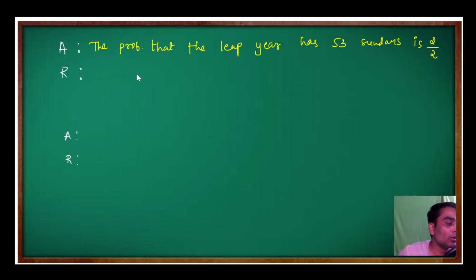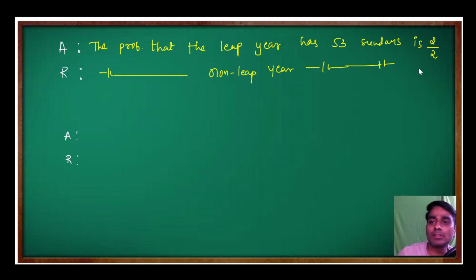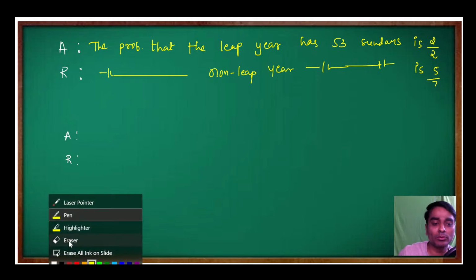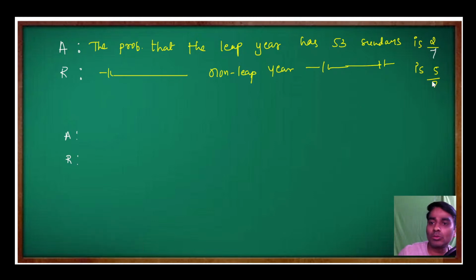Reason is the probability that a non-leap year has 53 Sundays is 5 by 7. Same here, this is also same. And here it is 2 by 7, not 2 by 2. 2 by 7, 5 by 7.